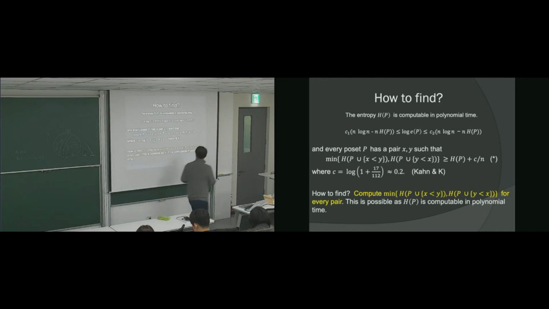So we can find it. Before I ask any question, I compute this one for every pair, and then choose the pair that maximizes this minimum. Then by this theorem, I can increase the entropy by at least c over n, and keep doing that.